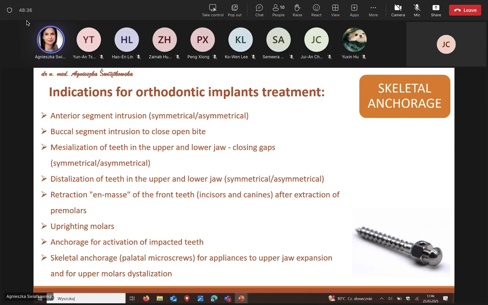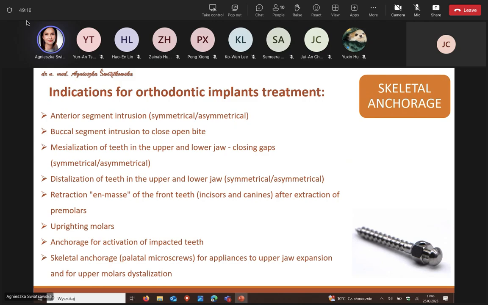Nowadays, when we use micro screws, we have huge anchorage, so we don't expect movement of the buccal region because these micro screws are connected with the bone, and we bring the anterior teeth to these micro screws, so we can make the distalization from canine to canine at once. This kind of retraction is called en masse retraction.